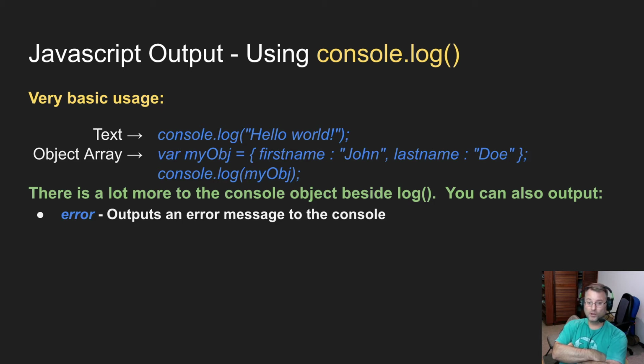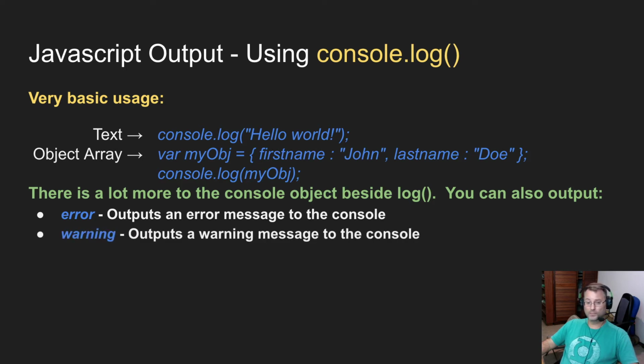And they call you and they say, hey, the page is broken. Well, if you've used your console.error correctly, you can actually output specific error messages to the console, and you can walk them through the process of hitting F12 on the keyboard and reviewing what those error messages are. And there's a whole variety of types of input or output messages you can do here.